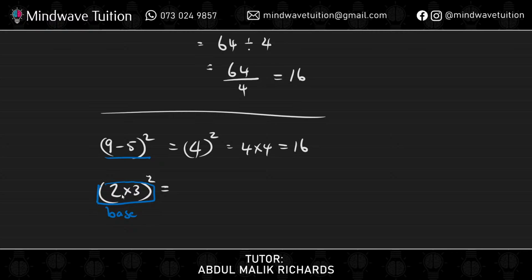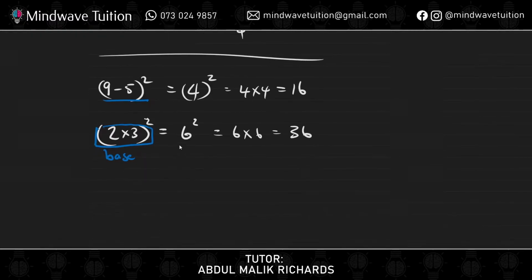So 2 times 3 is what we do first, which is giving us 6, and that's going to be to the power of 2, which is 6 times 6, giving us 36. So when you have an exponent on a bracket over here, and there are operations that you can do inside of the bracket, that's what you want to do first before you square it out.